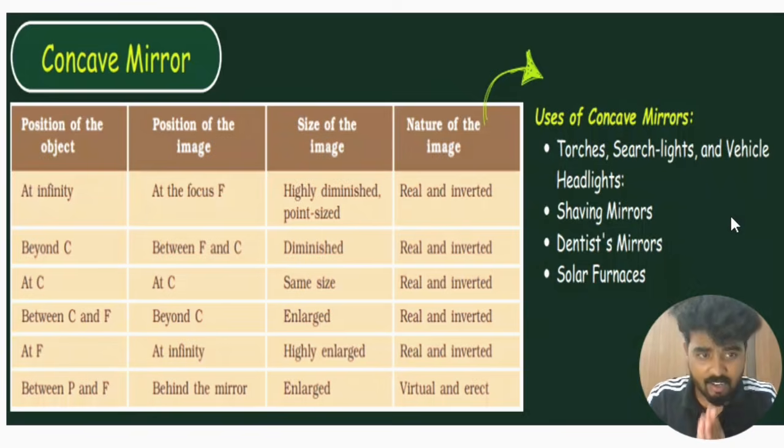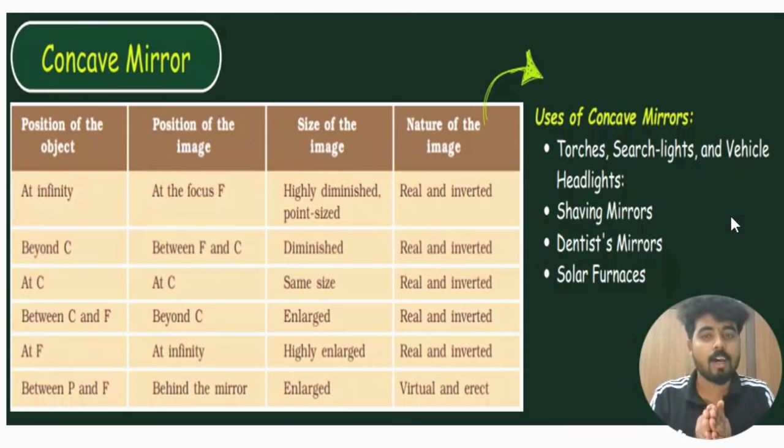Now, the uses of concave mirror. Before knowing the uses of concave mirror, we should know something. What is the nature of the image formed by a concave mirror? It will be always real and inverted except the last one.